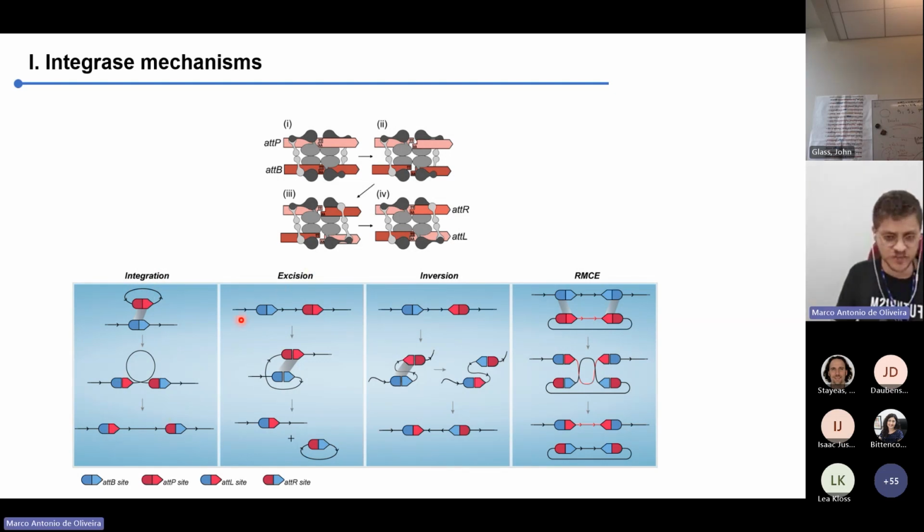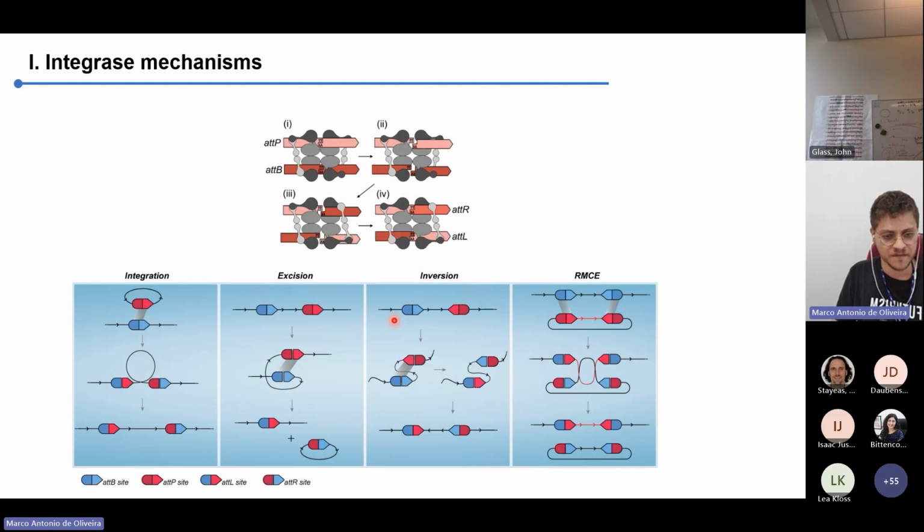You can have excision when both sites are in the same molecule and facing the same orientation. That's an important detail. When you have the recombination, you're going to have an excision of the circular molecule and formation of the recombined ATT L site, working as a scar on your original molecule.